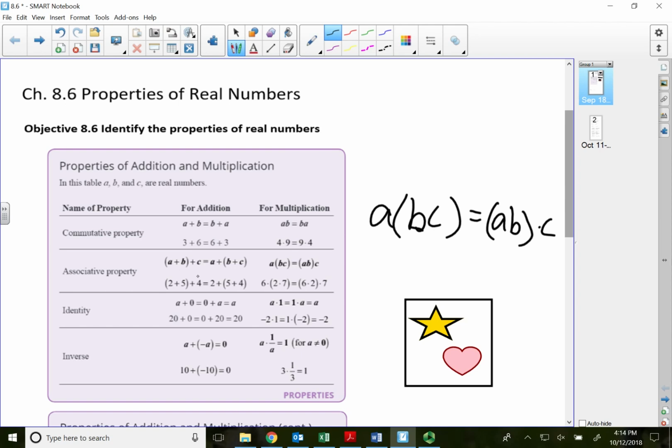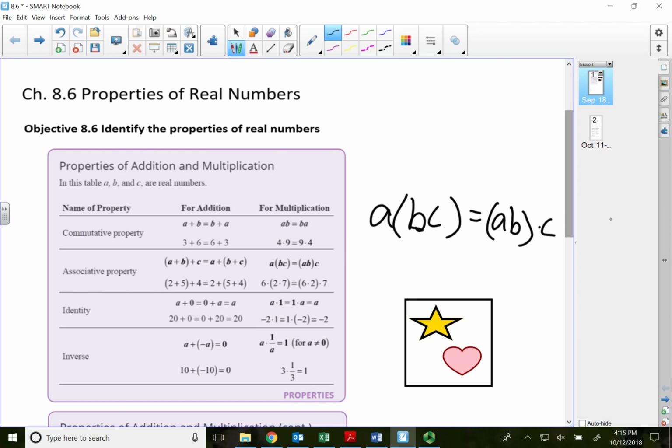But check out the order. If you ignore the parentheses for right now, the left side is A first, then positive B, positive C. The right side is also A first, then positive B, positive C. So the order between the two sides never changes. What's changing is the parentheses. One of them is on A and B, the other is on B and C. So what I combine first, or what I multiply first, is different between the two sides.